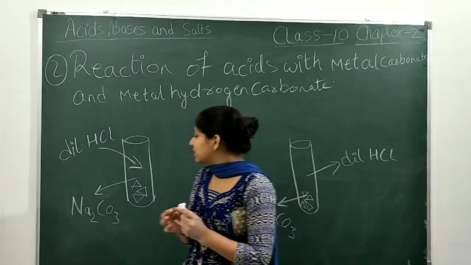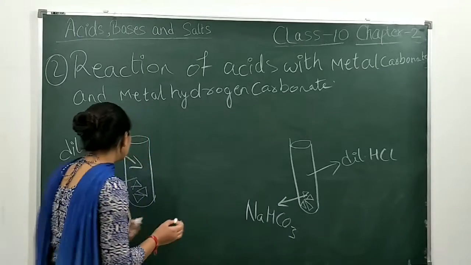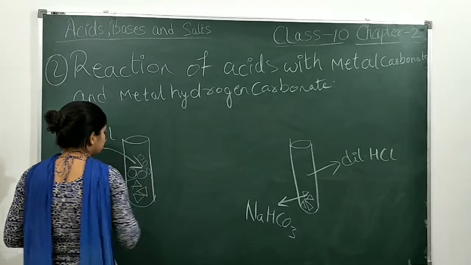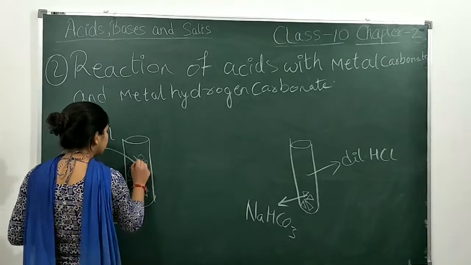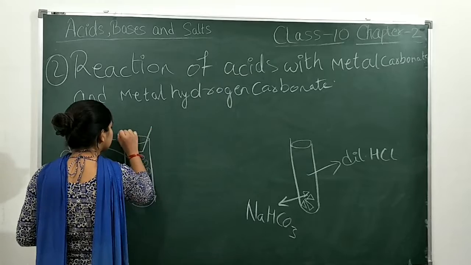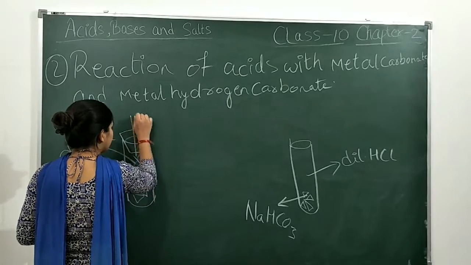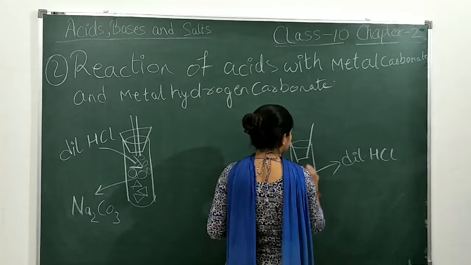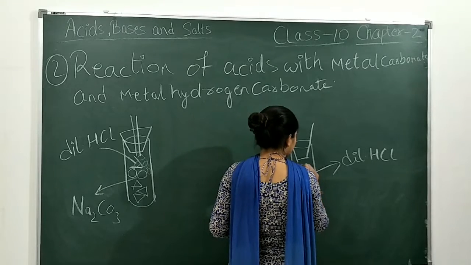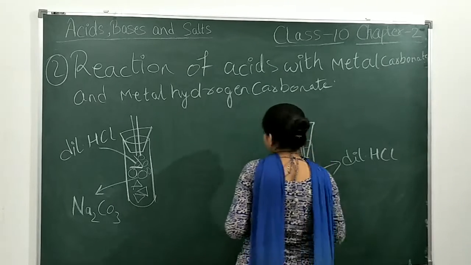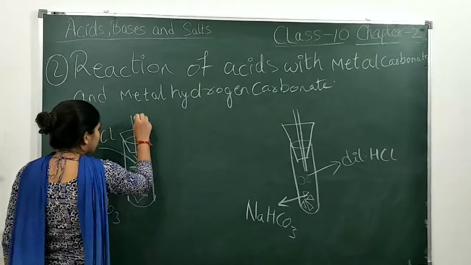The reaction between these will occur and gas will be produced. The gas will form and it starts evolving out from this test tube. In both the cases, gas will form and it starts evolving out from the test tube.